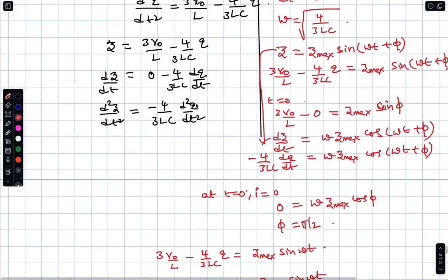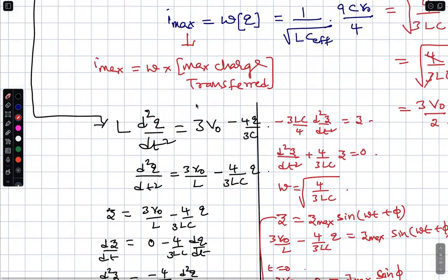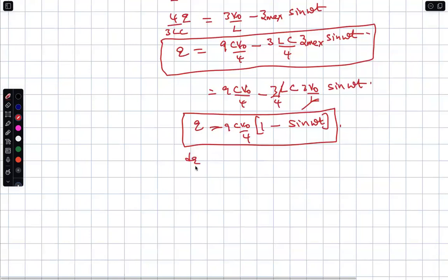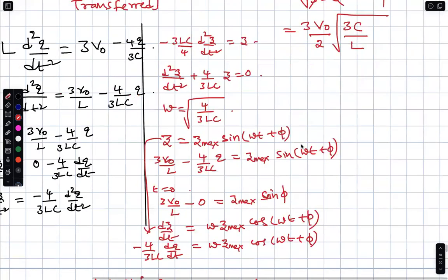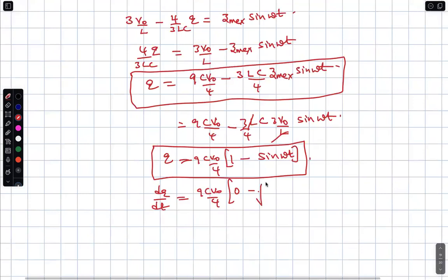So the maximum value of this is what you need to find. Instead of doing all this, trust me, use only one: maximum charge transferred times omega. Why? Because if you want dq by dt, what will you get? 9CV naught by 4 times omega cos omega t, where omega is 4 by root of 3LC.